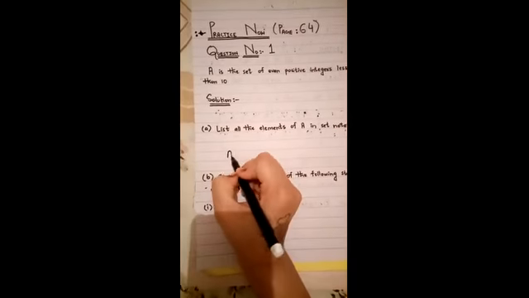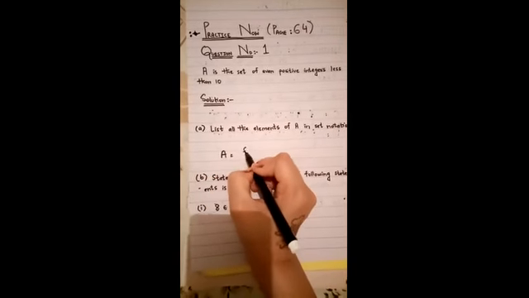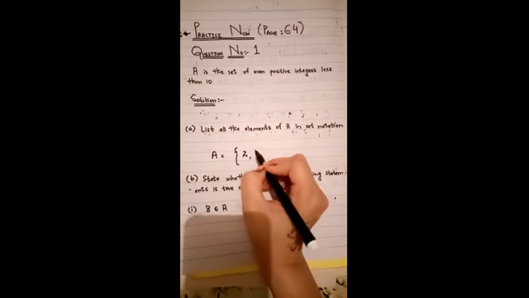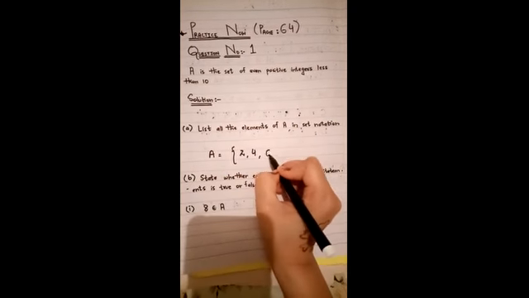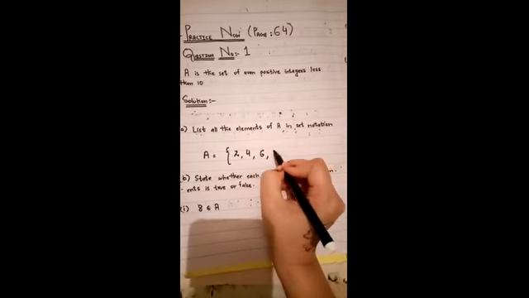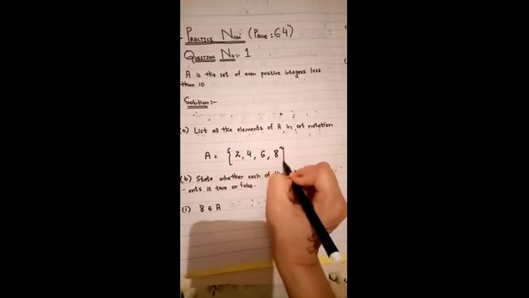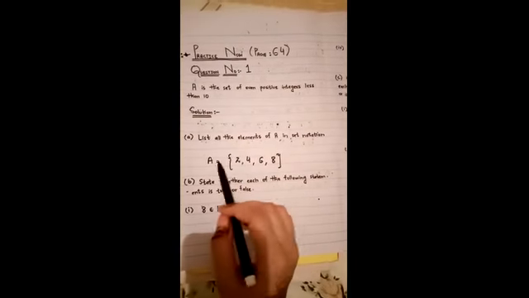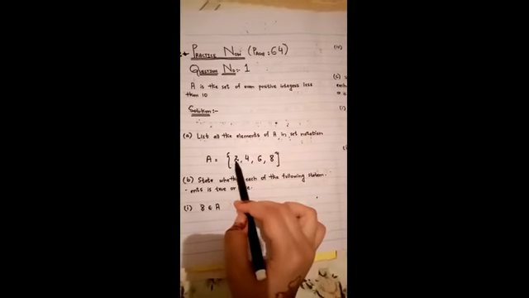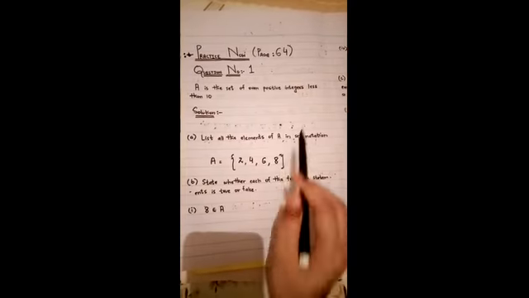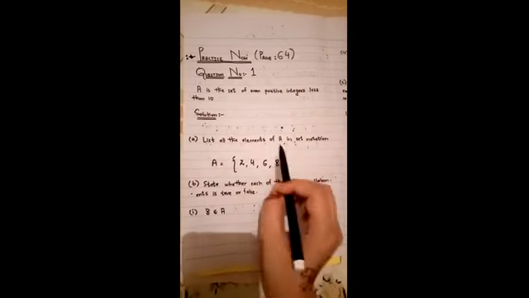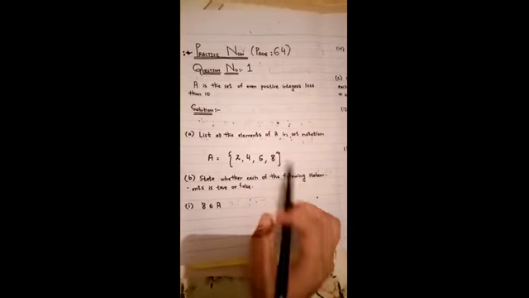Now I am going to write down in set notation the even numbers 2, 4, 6, 8. Even numbers are the multiples of 2. A is equal to {2, 4, 6, 8}, because A is the even positive integers less than 10, so 10 will not be included in this set.